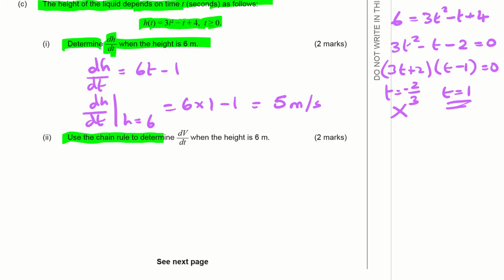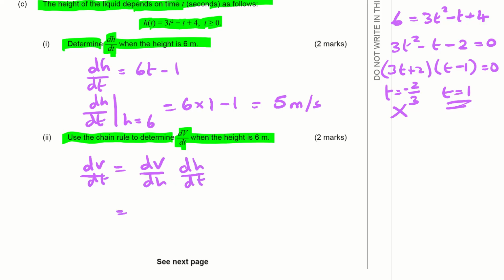Use the chain rule to determine dV/dt when the height is 6 meters. So dV/dt is, using the chain rule, dV/dh times dh/dt. Well, dV/dh we established was e to the negative h squared on 100, and now we've got to times it by dh/dt, which is 5.